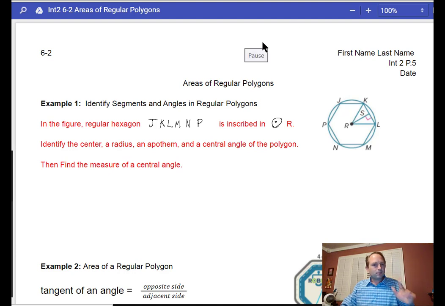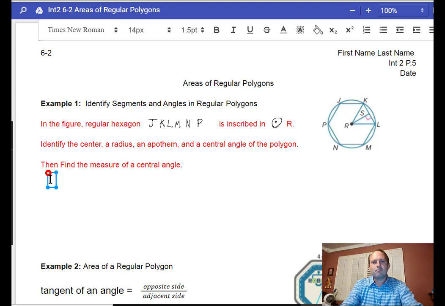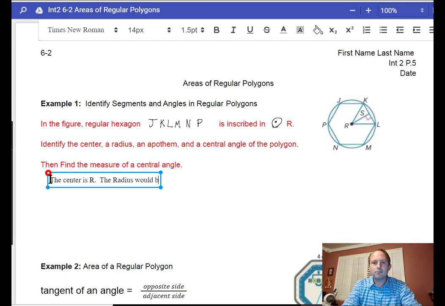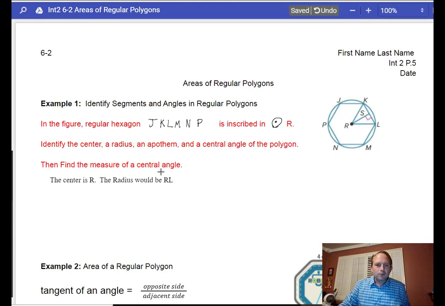All right, let's pause. So the center is R. The radius would be, we can say RL. And more specifically, we'd want to draw it in and say line segment RL.